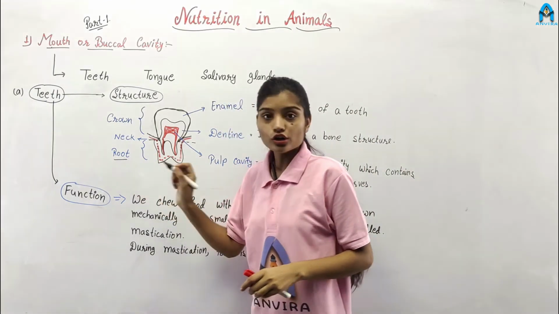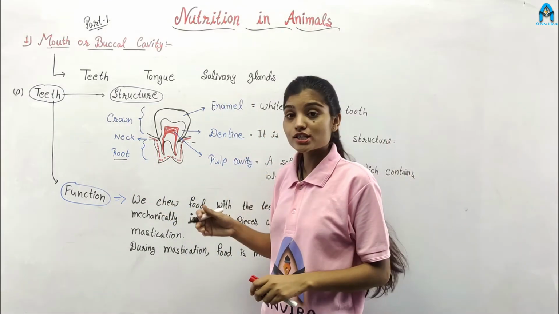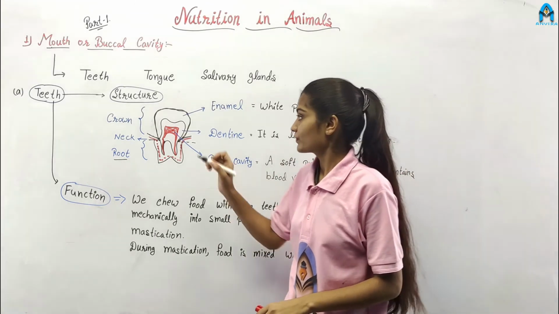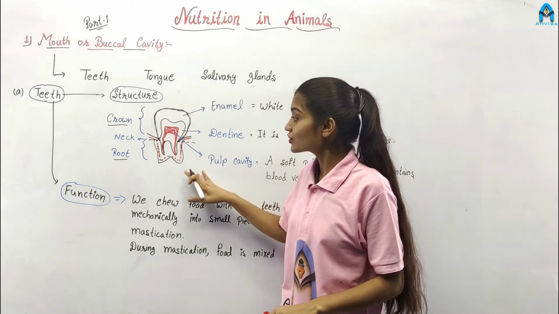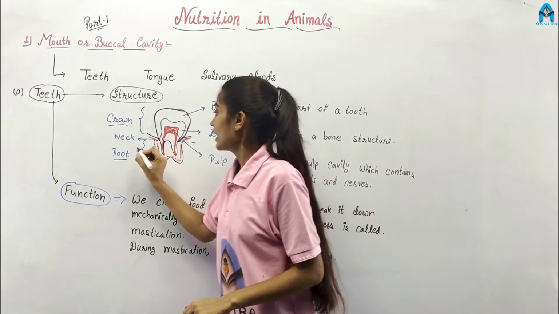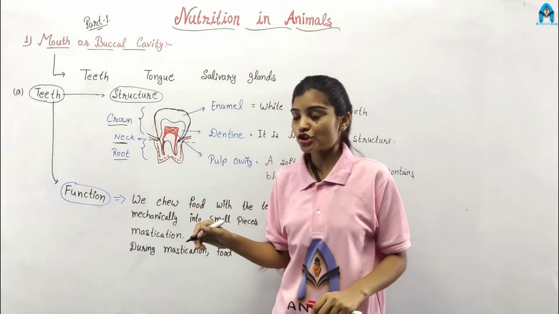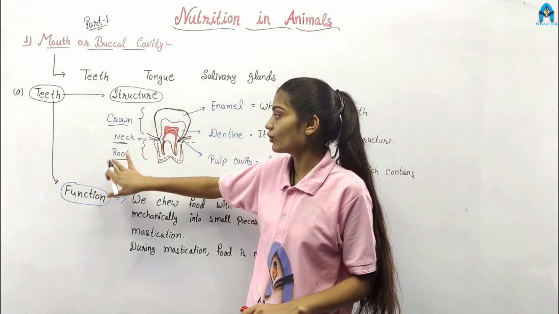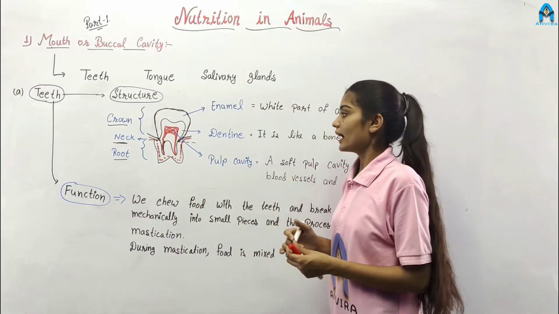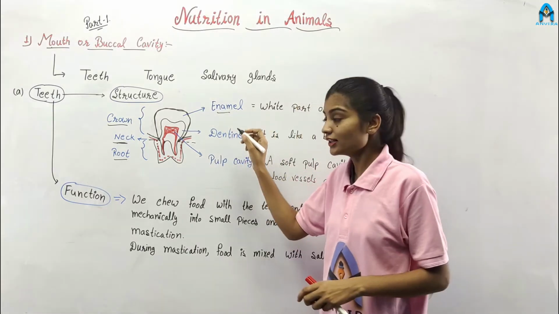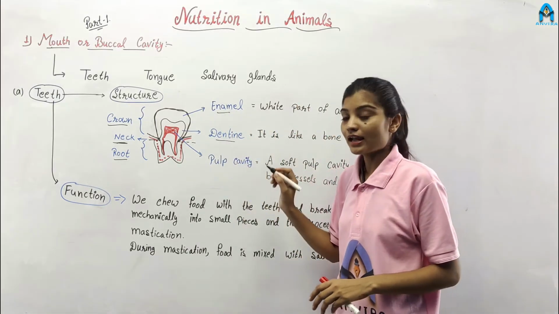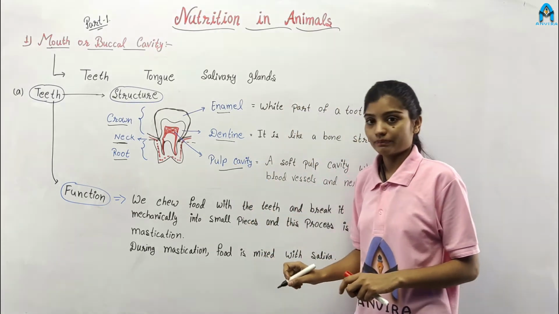Root is the lower portion of a tooth which is embedded into the jaw. Crown is the upper portion of a tooth which is outside the gum. And neck is the middle portion of a tooth between crown and root. The tooth is internally made up of enamel, dentine and pulp cavity.